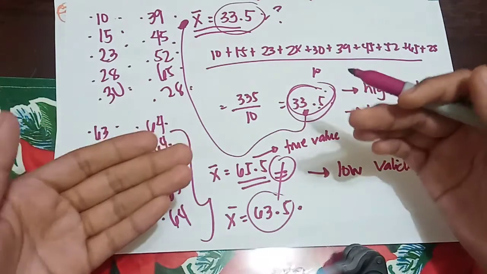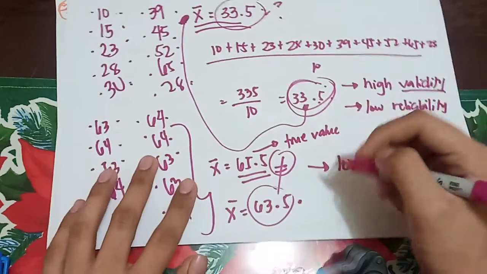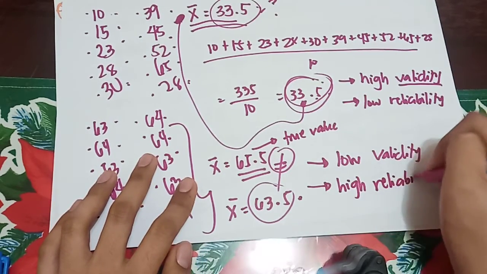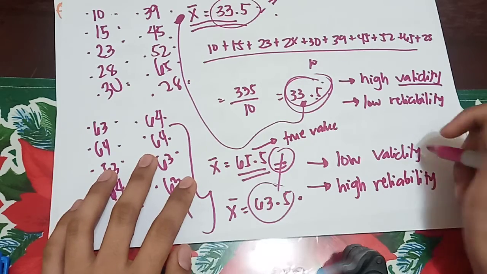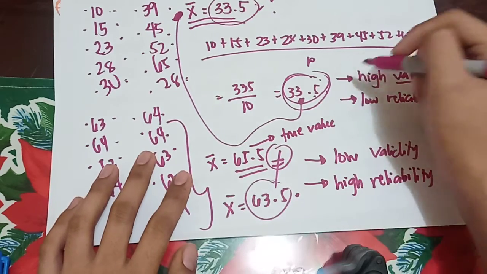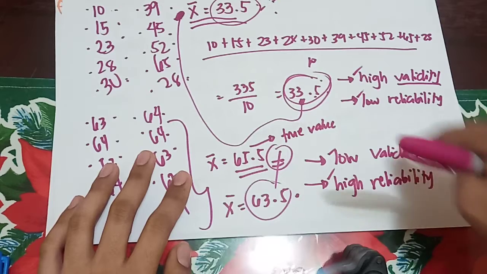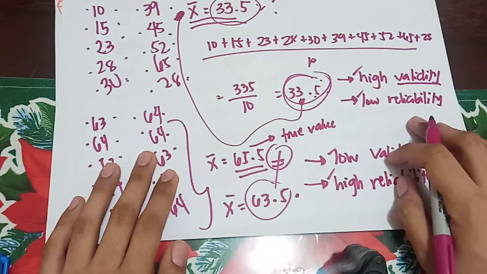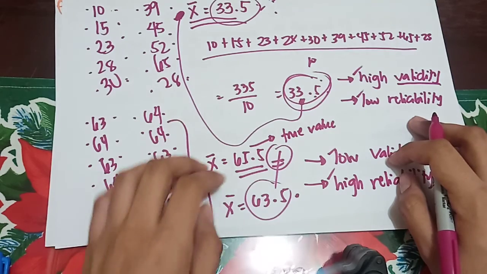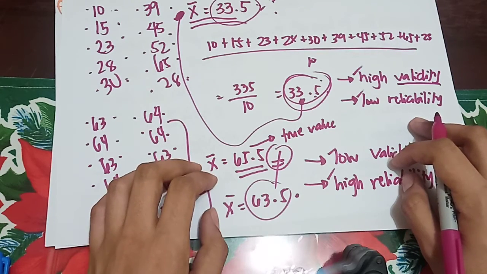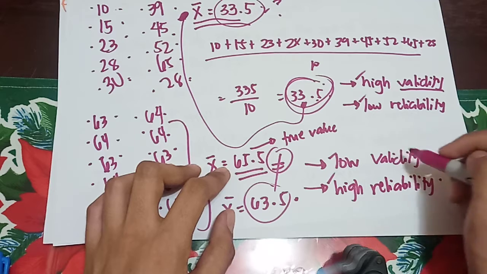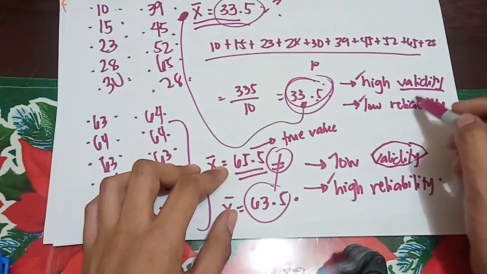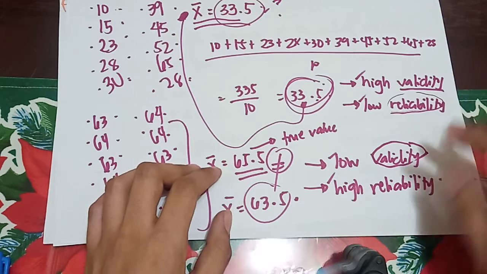Can we say that the scores are close to each other? Yes, meaning to say they have high reliability. However, if the two criteria contrast with one another, we can say that our answers are incorrect because first and foremost, it is not correct, it has low validity, and at the same time, it is not consistent.